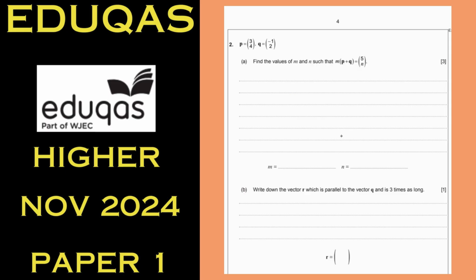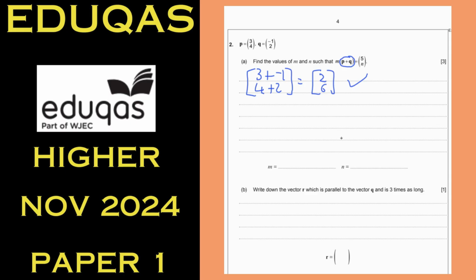Now we've got the basics of some vectors out the way, let's allow the question to tell us that we should be adding them first. So we've got a 3 added to -1 on the top, 4 added to 2 on the bottom. You're going to pick up a mark for getting to (2, 6) as the vector p plus q.